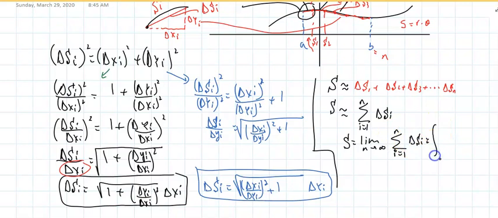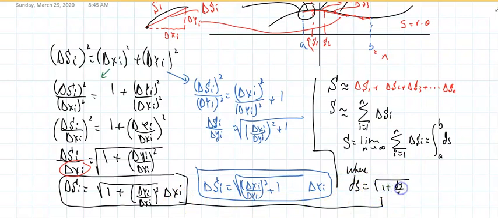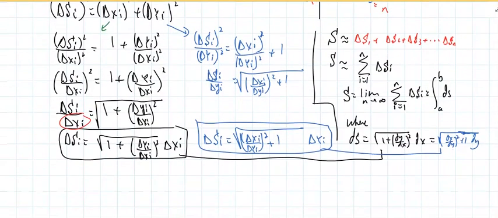And that comes out to be the integral from a to b of ds, where ds is either the square root of 1 plus (dy/dx) squared dx, or the square root of (dx/dy) squared plus 1 dy. And from this, we really arrive at the following theorem.